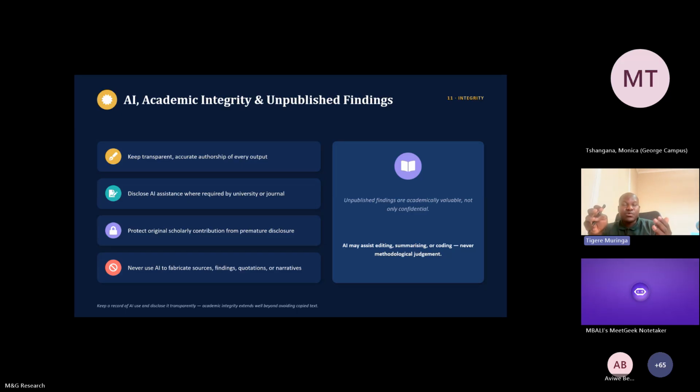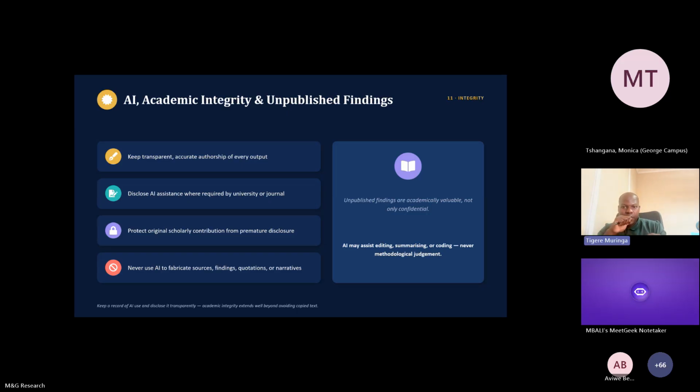You can actually lose control of your data. So what are we saying? We're saying academic integrity is therefore not limited to avoiding copied text. It includes transparent authorship, accurate acknowledgement of AI assistance. It also includes protection of original scholarly contributions and refinement or coding, and preservation of the researcher's analytical voice.